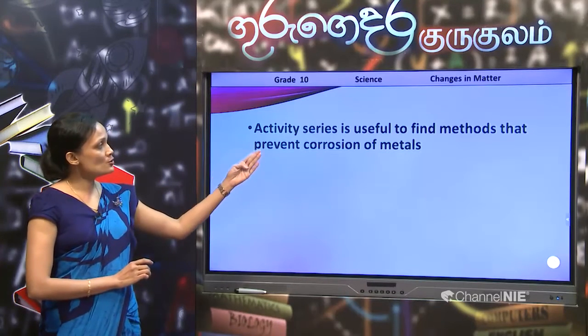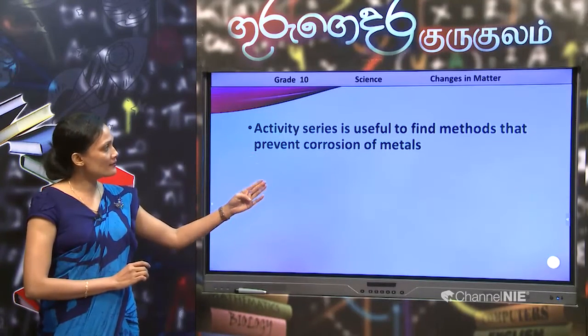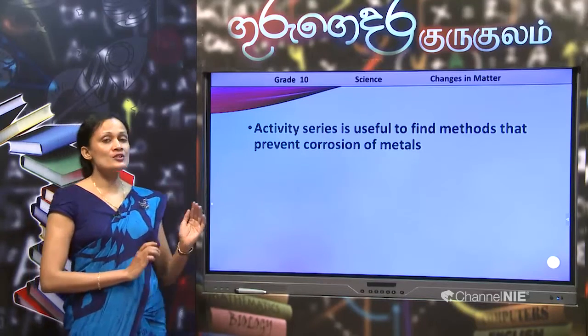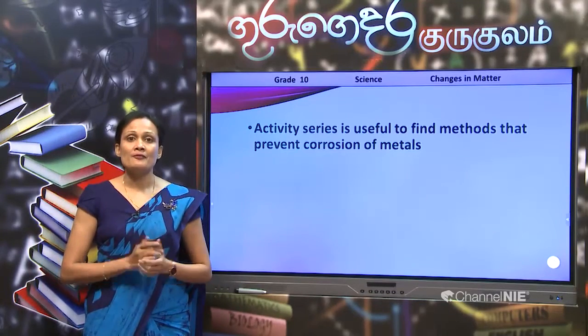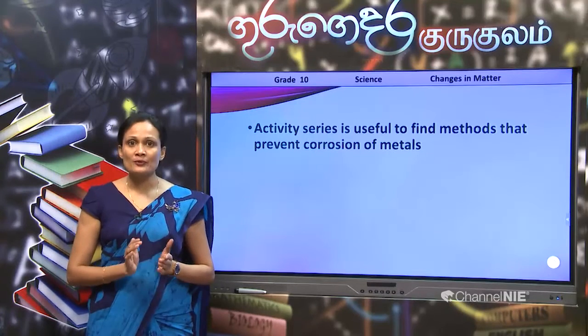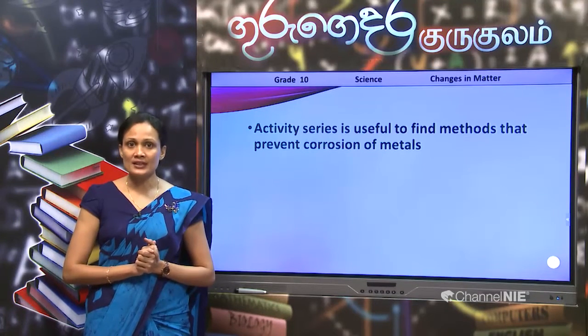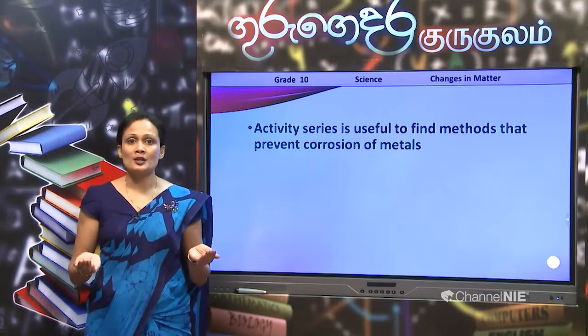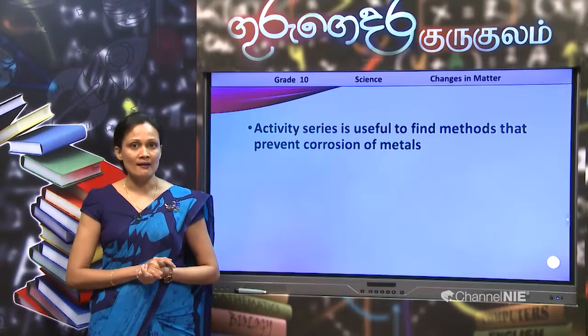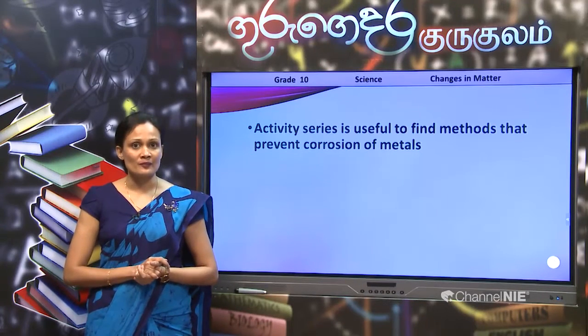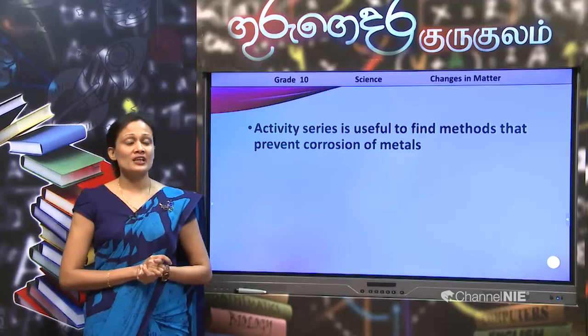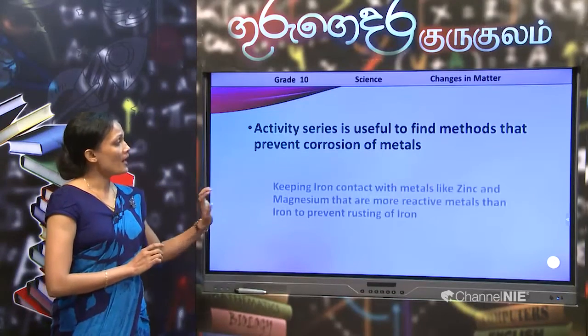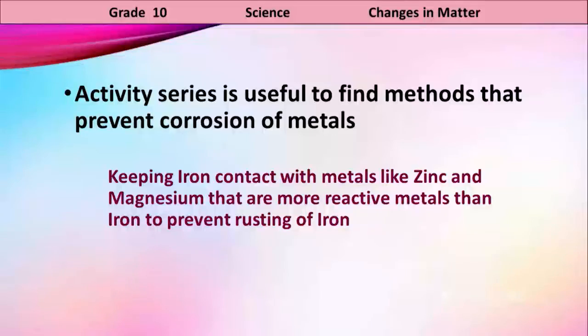Let's see another use of the activity series. The activity series is useful to find the method that prevents corrosion of metals. When we keep metals exposed to the air, they react with the components present in the air and get corroded. To prevent that, we can use some other higher reactivity metals.